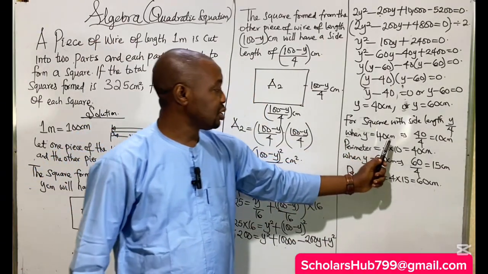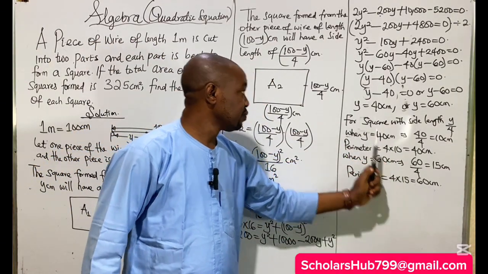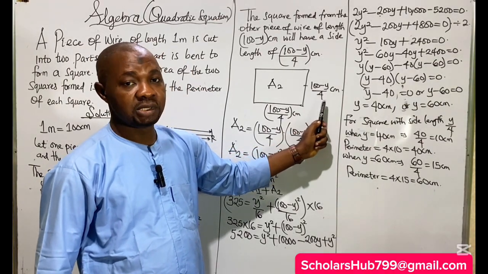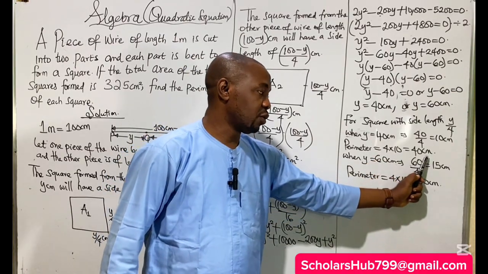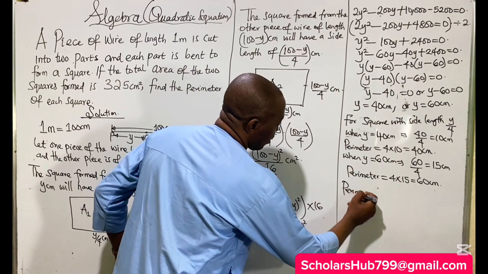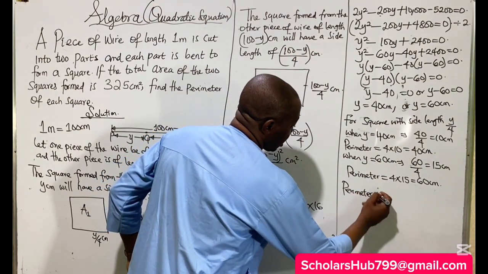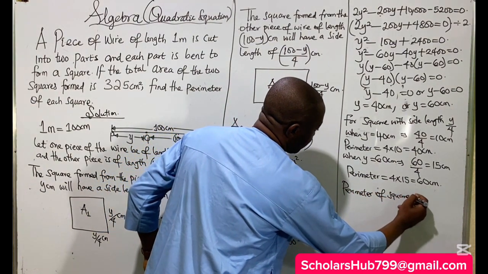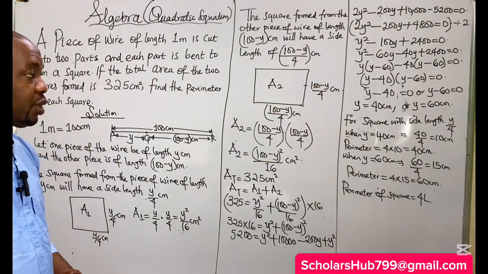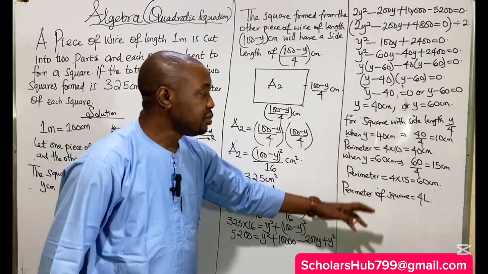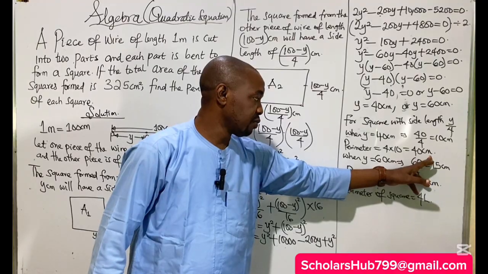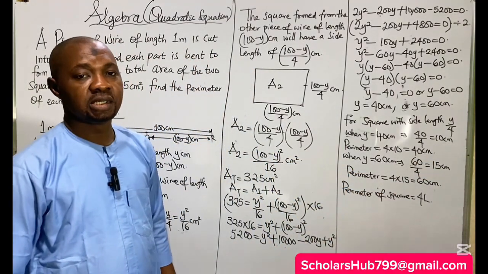When y equals 60, 100 minus 60 is 40, 40 divided by 4 is 10, and 4 multiplied by 10 is 40. Remember, the perimeter of a square is 4 times the side length. So the perimeter of each square would be 40 centimeters and 60 centimeters.